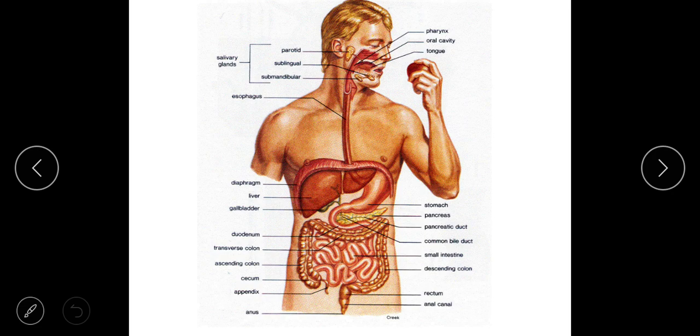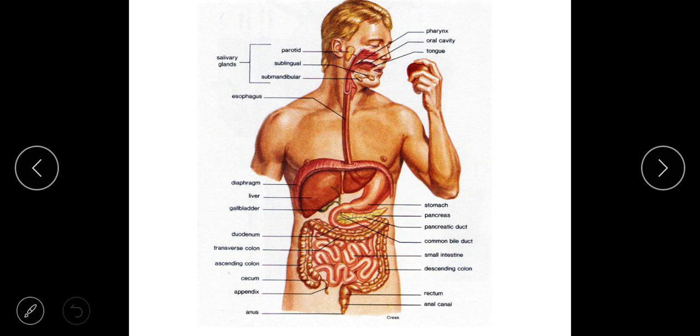Then after that, the food is properly masticated, and the masticated food travels down through the pharynx. The pharynx is a funnel shaped structure or opening through which the food enters into the food pipe, or the esophagus. This is a tubular structure called the esophagus. From the esophagus, the food enters into our stomach.